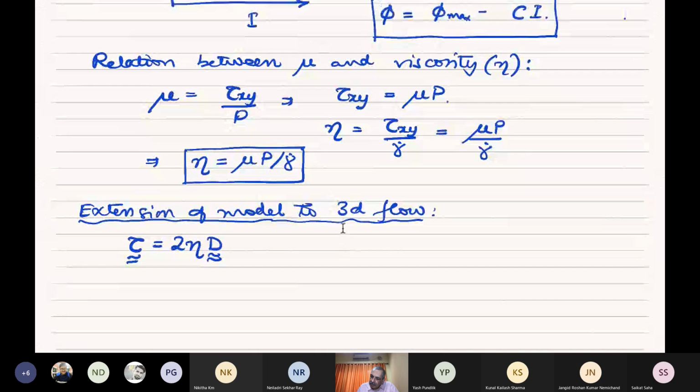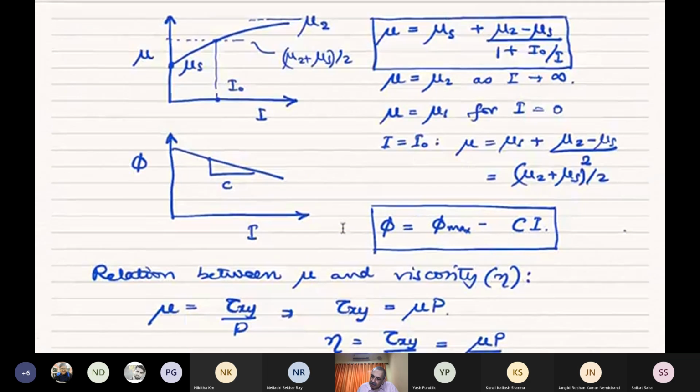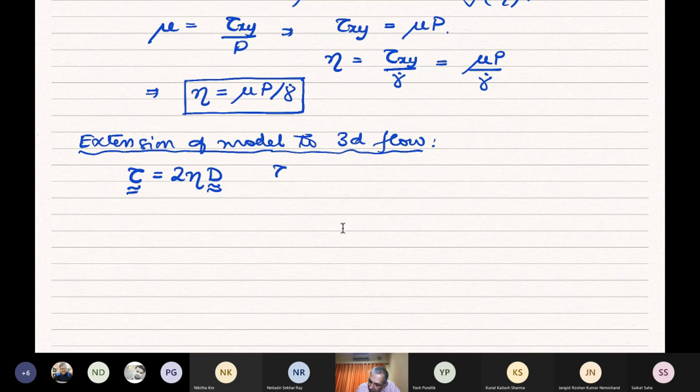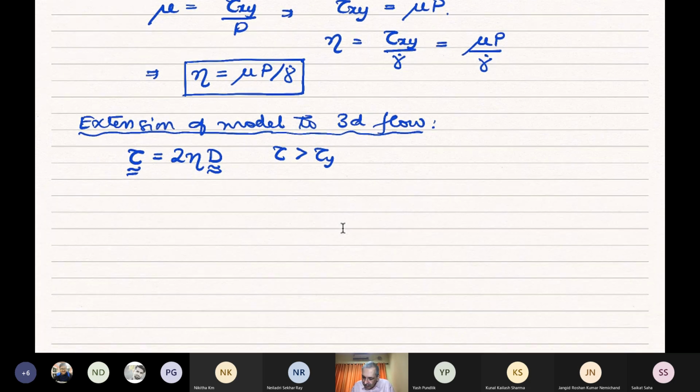But this is a sort of frictional model also. So we say that this is true only if the shear stress, the magnitude of the shear stress is larger than a yield stress, and D is equal to 0 if tau is less than or equal to the yield stress.